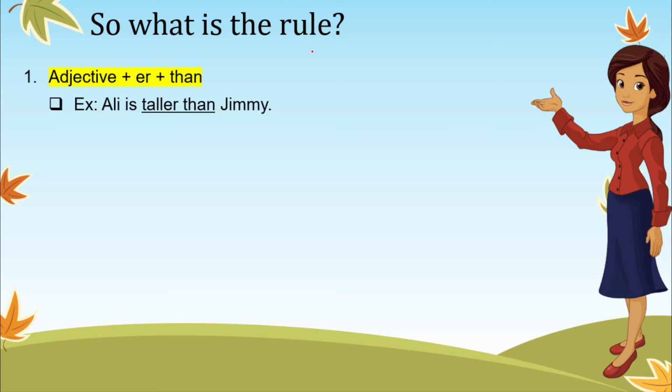Okay, now let's go and see the forms or the rules of this lesson. Now here we have 5 rules that you have to remember. The first one is adjective plus er plus than. This is very easy. Ali is tall, so Ali is taller than Jimmy.